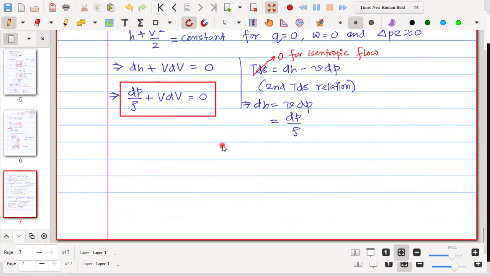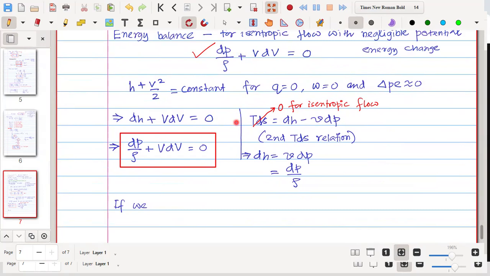So if we try to combine these two, okay, this is equation 2.